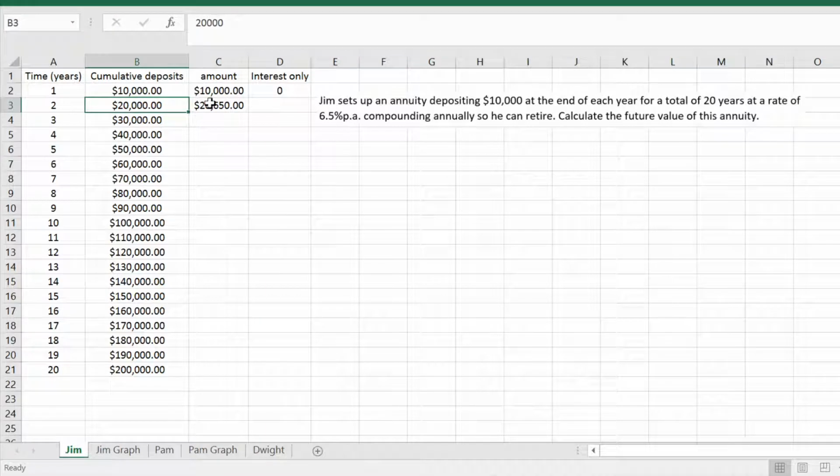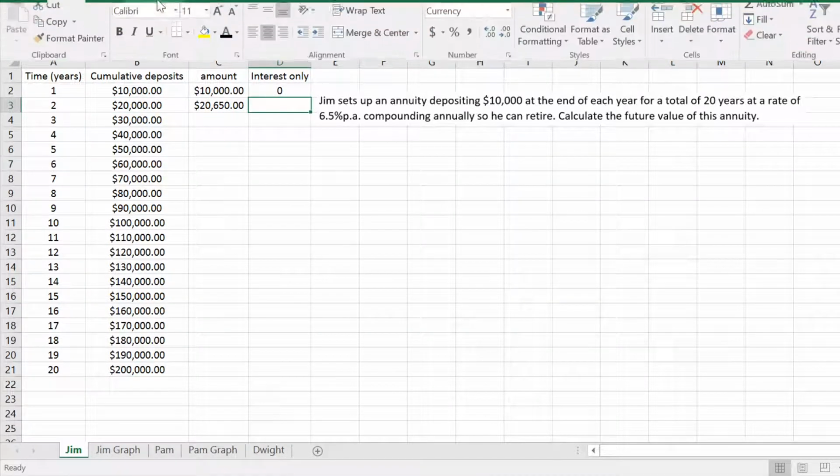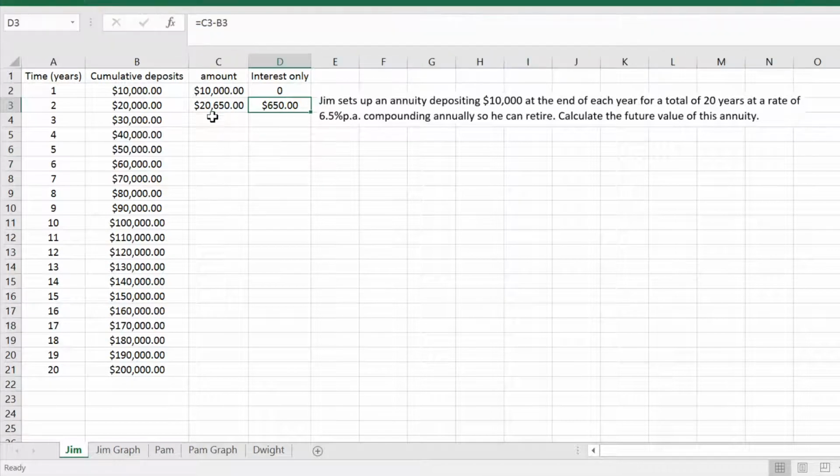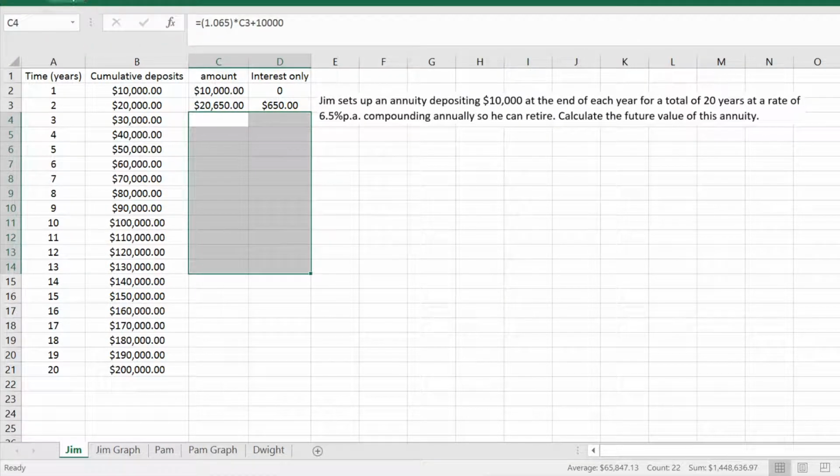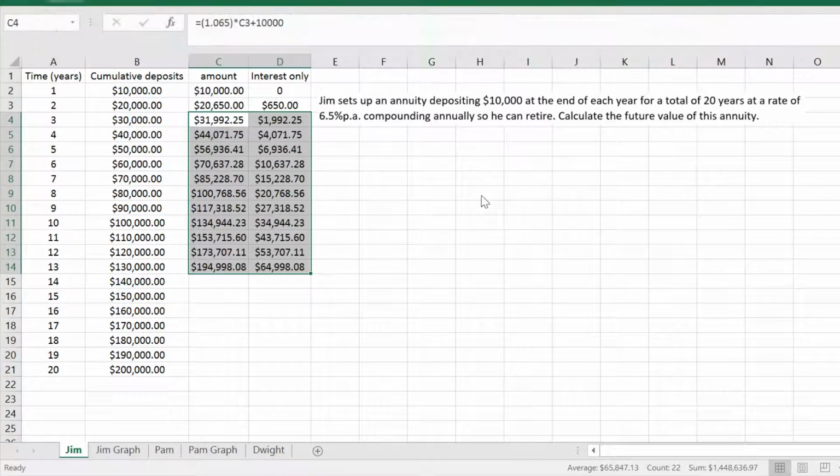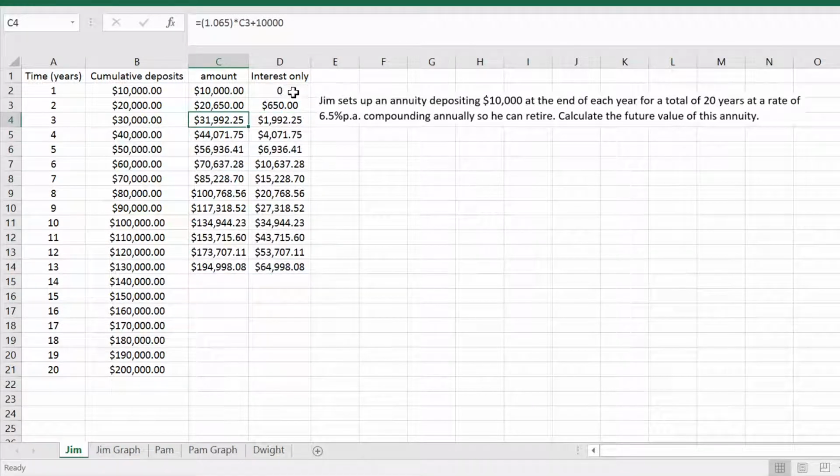You can see here, he's deposited 20, but now the interest is starting to kick in. So what I'm going to do is just unhighlight half of these, and let's see the effect that it has. We can see we've gone from 650 to nearly 2,000, 4,000. It's actually growing at quite a large rate.